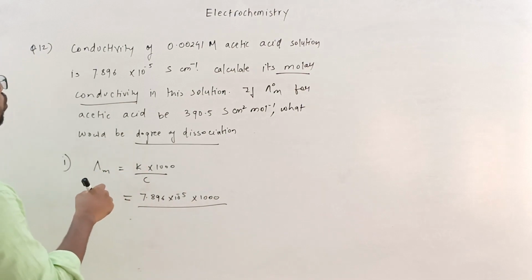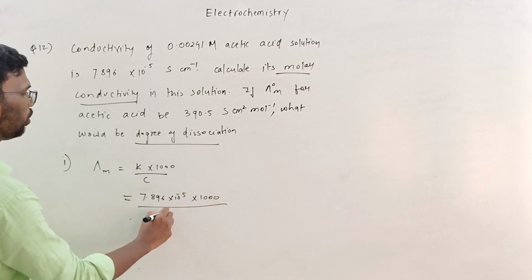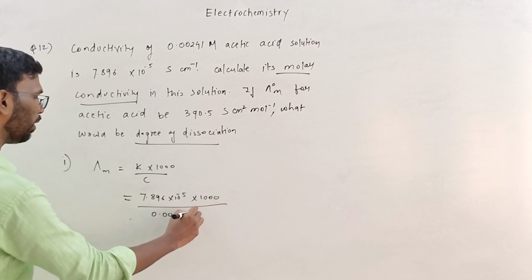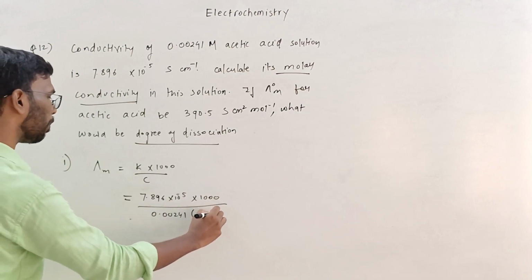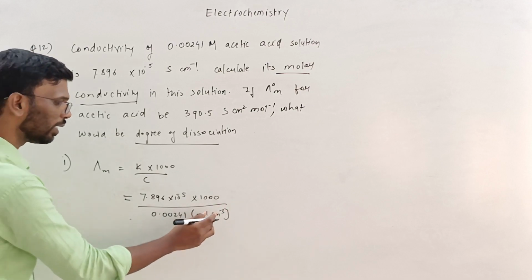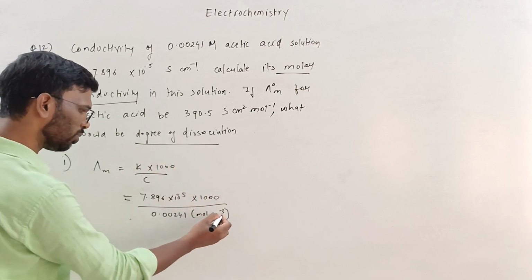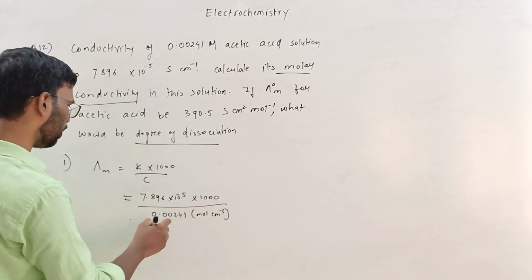Concentration is 0.00241 moles per centimeter cube. Why am I writing per centimeter cube? Because it is moles per ml, since because of this 1000.